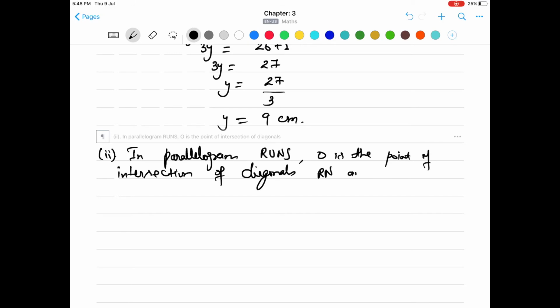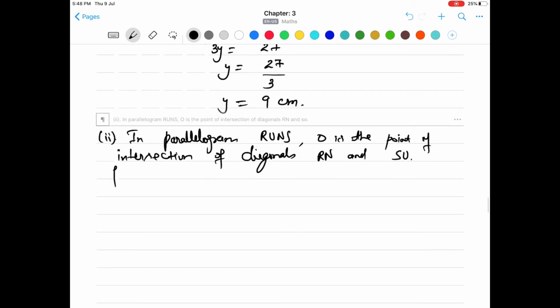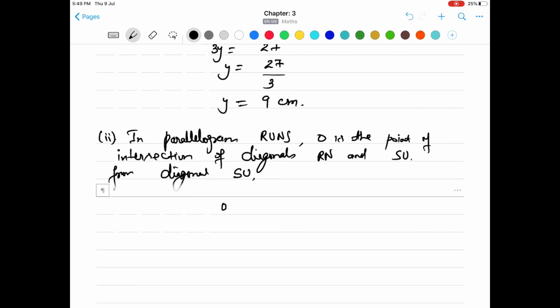RN and SU. Okay, for diagonal SU, this OS will be equal to OU. Reason for this one is diagonals of a parallelogram bisect each other.